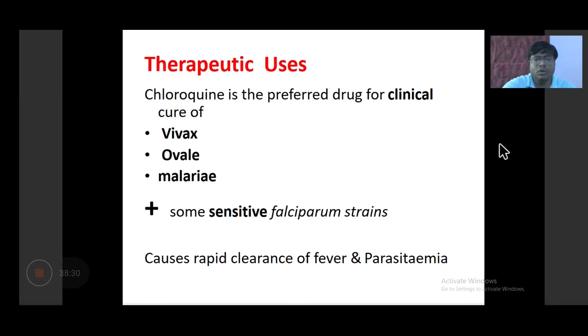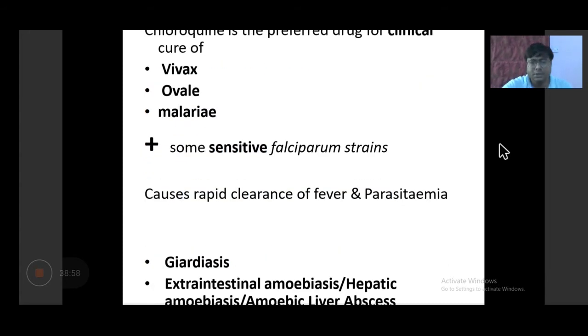So the use of chloroquine, obviously, the main use is malaria. In malaria, it is used for clinical cure of Vivax, Ovale, and malariae. And if falciparum is sensitive, then in that also. So basically for clinical cure of Vivax and falciparum strains. And it is a very efficacious and very fast-acting drug, because it causes rapid clearance of fever and parasitemia. So patients become symptom free very quickly.